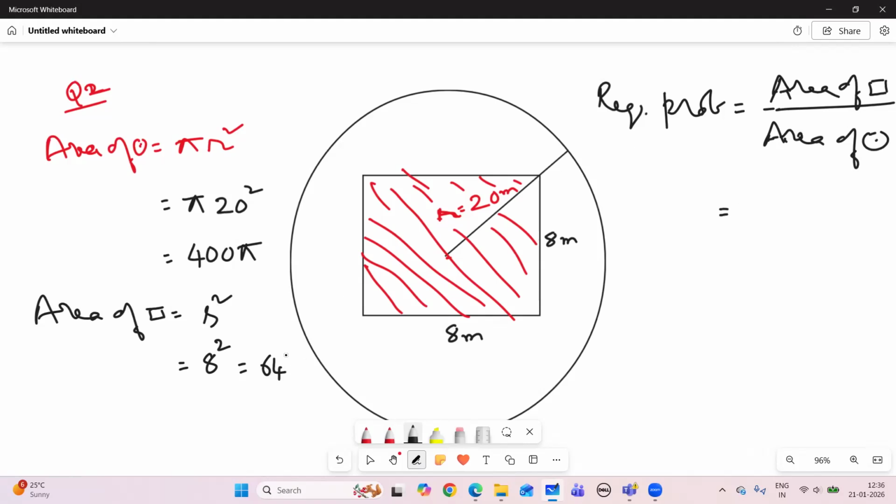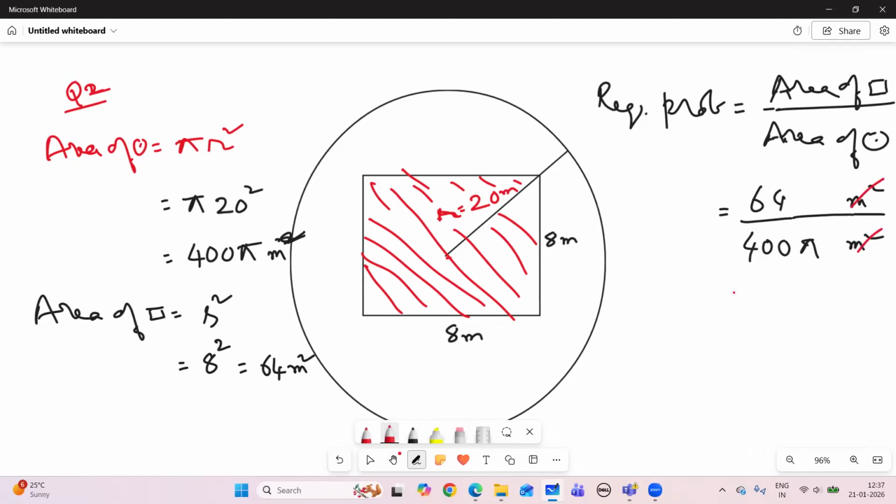Area of square is 64 meter square, by area of circle, that is 400 pi meter square. We have to take care of the units. This radius is in meter, so this becomes meter square, and the side is also in meter, so this becomes meter square. So both the areas become meter square, so they get cancelled.